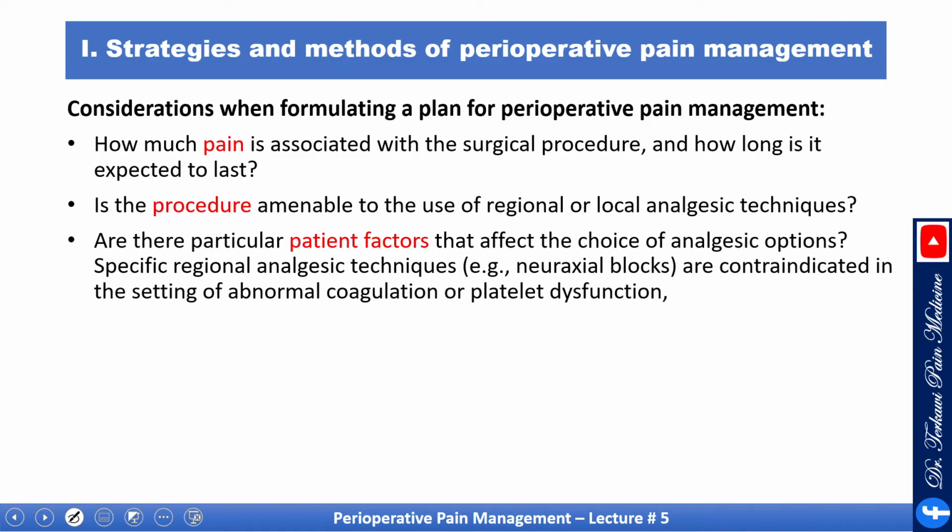Are there particular patient factors that affect the choice of analgesic options? Specific regional analgesic techniques like neuraxial analgesia are contraindicated in the setting of abnormal coagulation or platelet dysfunction.